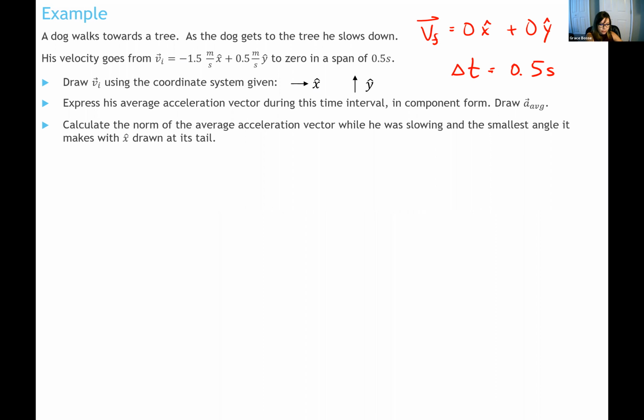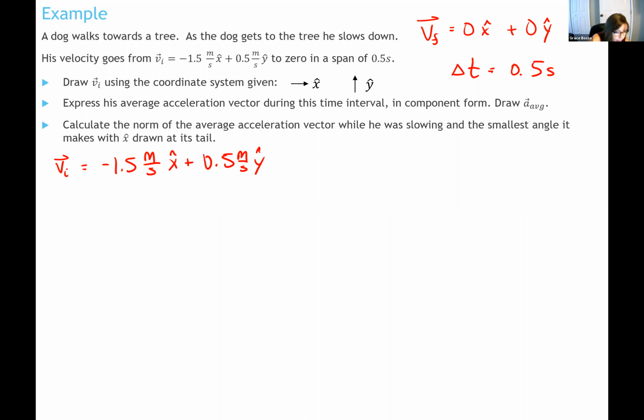All right, so first thing that they want us to do is draw vi, that initial velocity vector, using this coordinate system where x hat points to the right and y hat points up. So I'm going to rewrite my initial velocity vector in component form over here just to show you guys how I would do this.